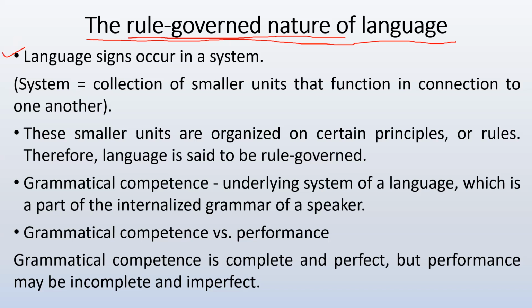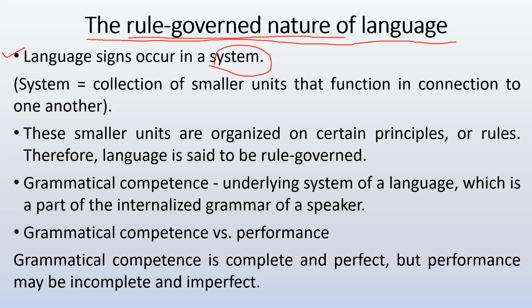Now, you know about signs. Already we have discussed the signs, and there are several types of signs in language: iconic, symbolic, indexical, likewise. So the point here is that these linguistic signs occur in a system. Here the key word is system. In Sinhala, we have the word paddhatiya, right?